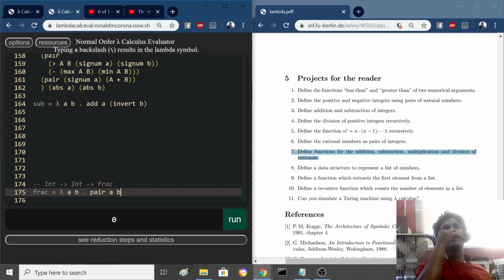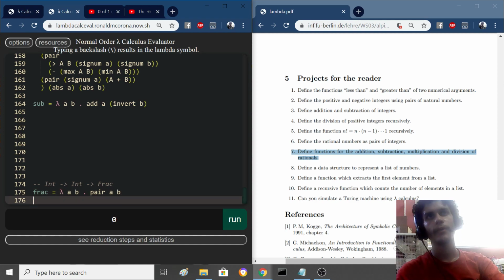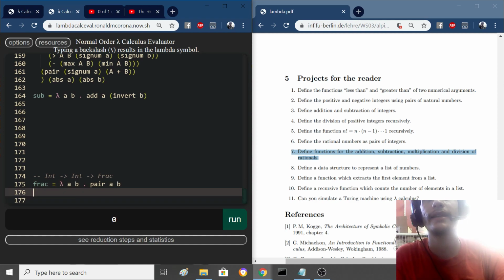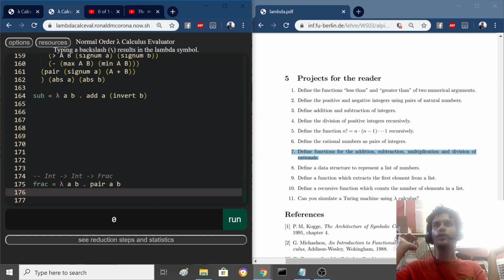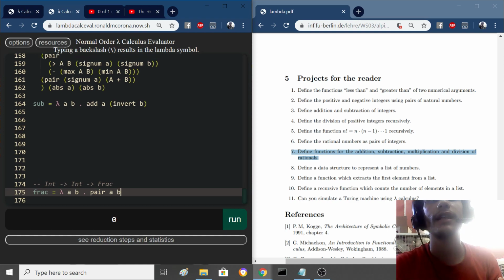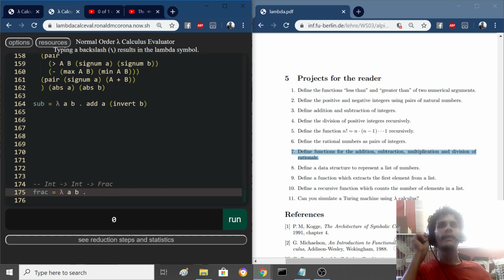That would actually be kind of cool. Simplifying seems to be one of the key things that you do with fractions. So it's not just going to be pairing the two together. It's going to be simplifying it all in one go.